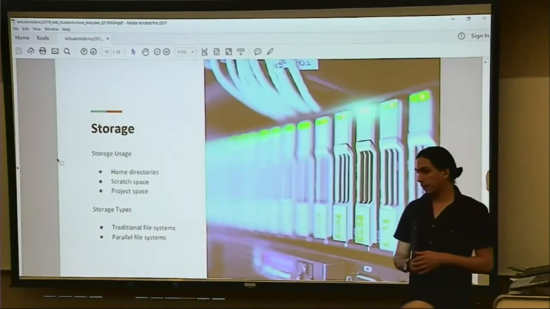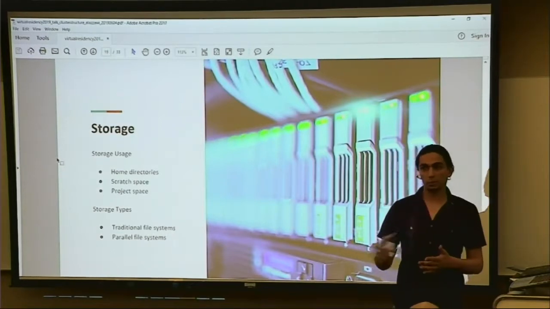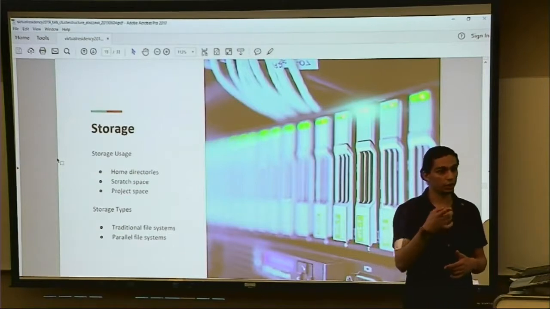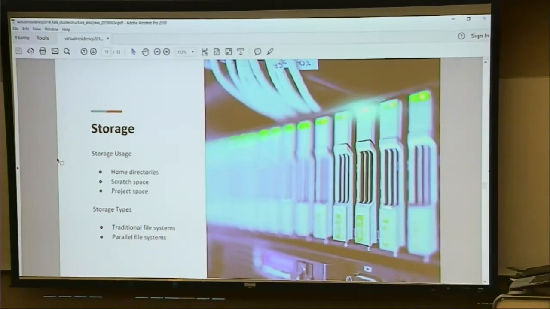And then scratch space. How do you deal with it? Does every project get its own scratch? I think we give 20 gigs as a quota, and we delete scratch space.